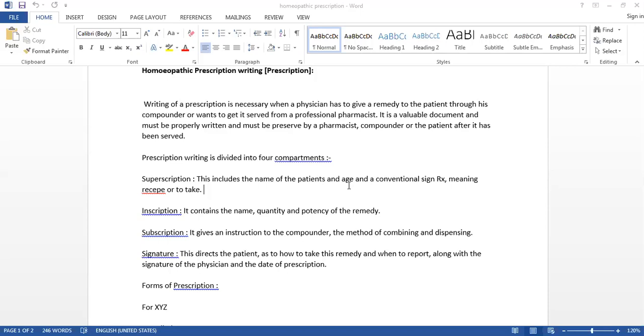Second thing is that in pediatric cases, we can assess the height and the weight of that child. We can assess the growth and the development of that child. Certain diseases are also very common in the pediatric age group.